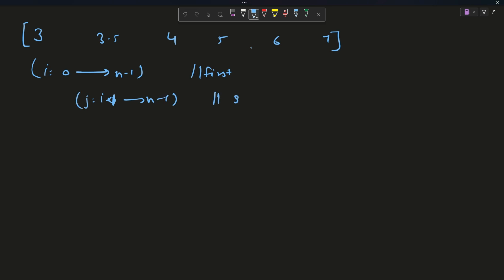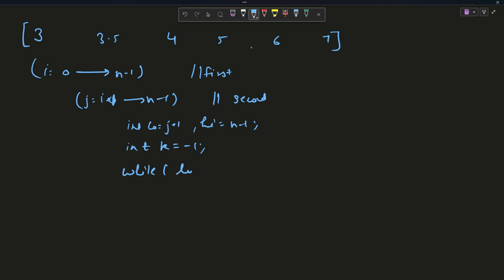This is my second side. This will give me all the first and second sides. Now, I'll say int low equals j plus 1 and high equals n minus 1. Now find the side which is occurring at last. That is int k, I can say int k is right now equal to minus 1.